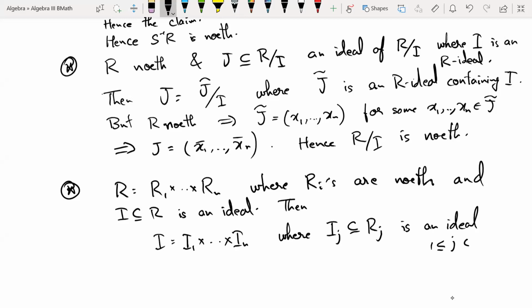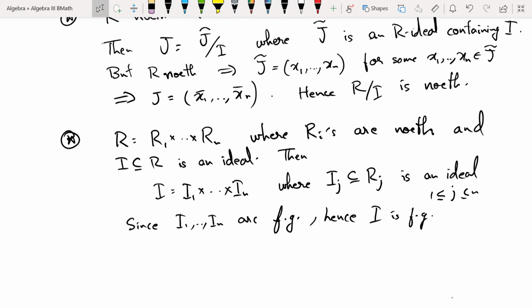Since each of them is finitely generated, the product is finitely generated. Hence I is finitely generated.